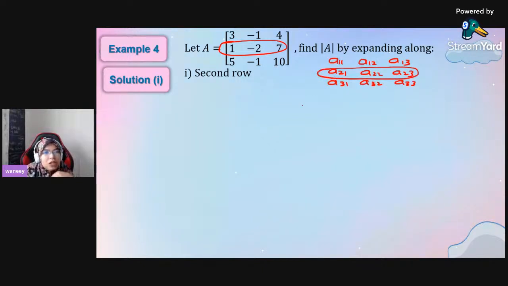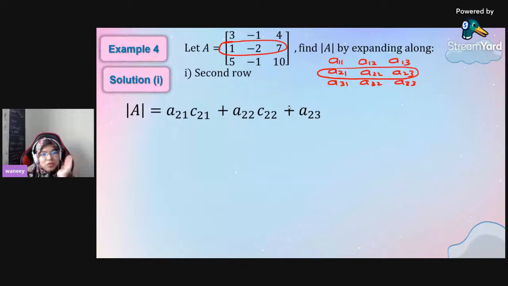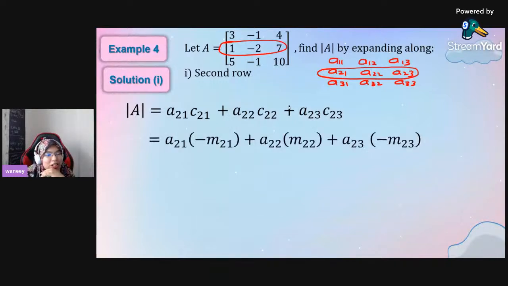So write down the formula first. A21, A22, A23. And then copy down the cofactors C21, C22, C23. Okay, so once you're done with that, what we are going to do next is find out what is the minor for each of them.